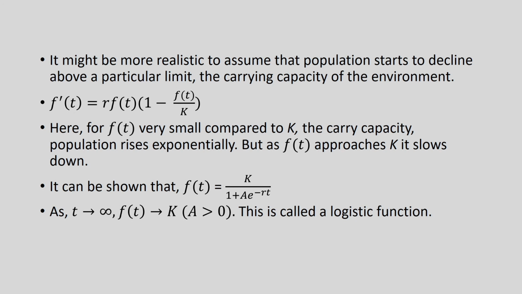It might be more realistic to assume that the population starts to decline above a particular limit, which is the carrying capacity of the environment. The idea is that as the population rises to very high levels, it is possible that the environment will not be able to sustain that high amount of population.